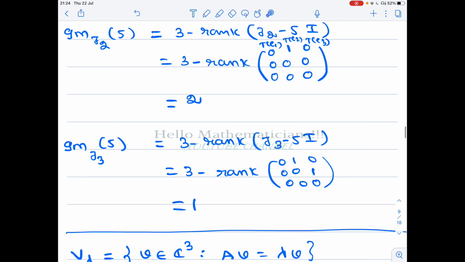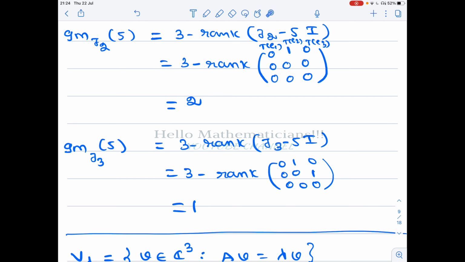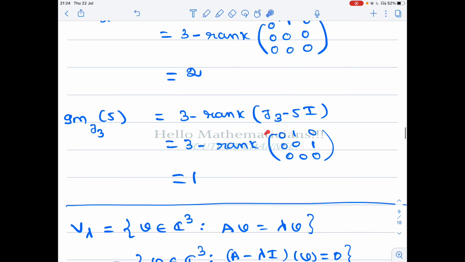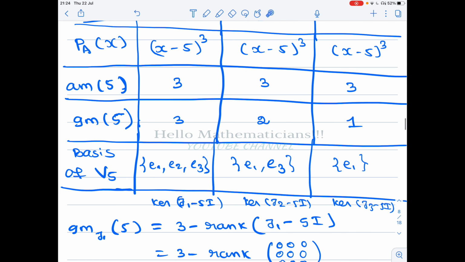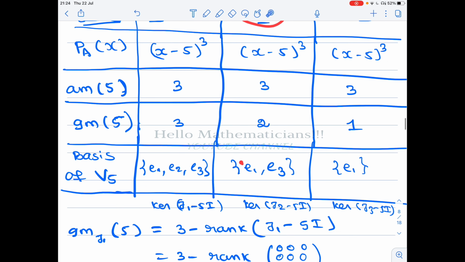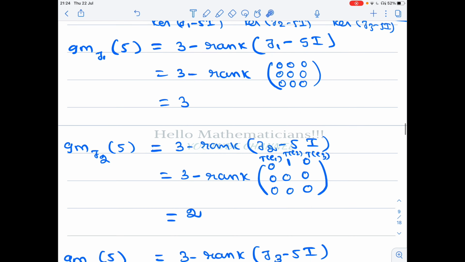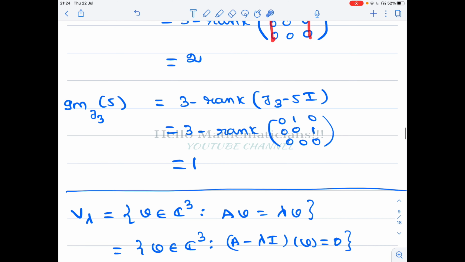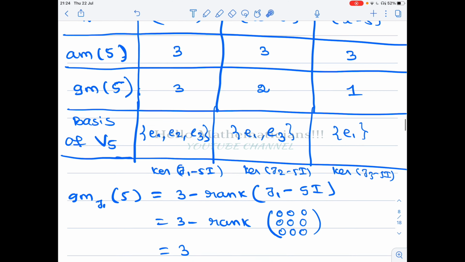Similarly, you can calculate the basis for the kernel of J3 minus 5i for this matrix also. If you notice, only E1 is killed, T of E1 is 0. Therefore, the basis of V5 for the matrix J2 will be E1 and E3, because here E1 and E3 are getting killed, and for J3 only E1 is getting killed.